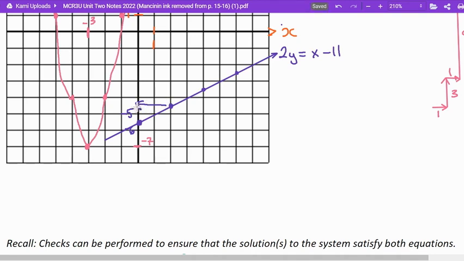And instead of going 1 up, I'll go 1 down. So from my last point here, I'm going to go 2 to the right, 1 down, 2 to the right, 1 down.